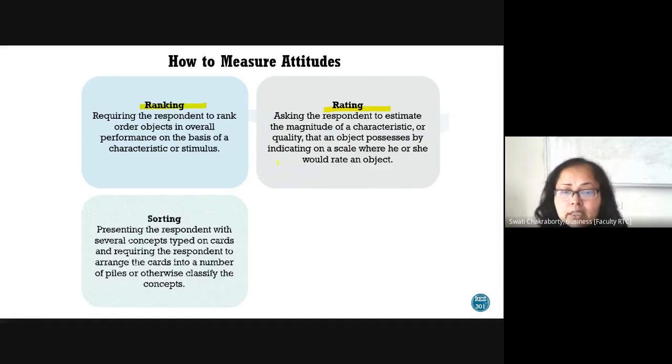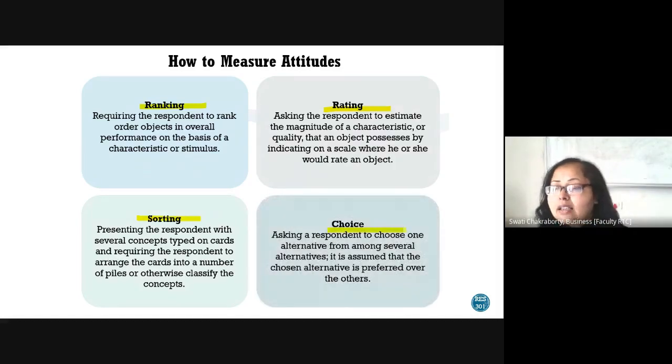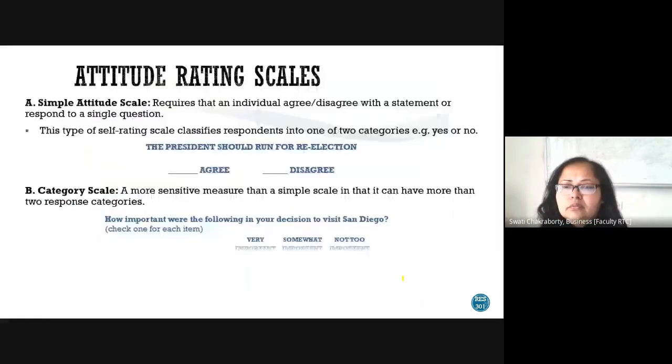Third, sorting, is presenting the respondent with several concepts typed on cards and requiring the respondent to arrange the cards into a number of piles or otherwise classify the concepts. And choice is asking the respondent to choose one alternative from among several alternatives. It's assumed that the chosen alternative is preferred over the others.